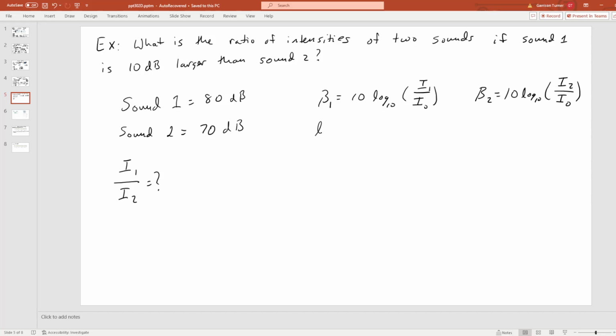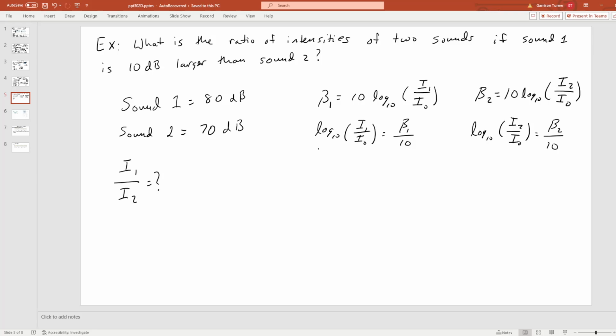So the first step would be: log base 10 of our argument is equal to beta 1 over 10, and log base 10 of I2 over I naught is beta 2 over 10.